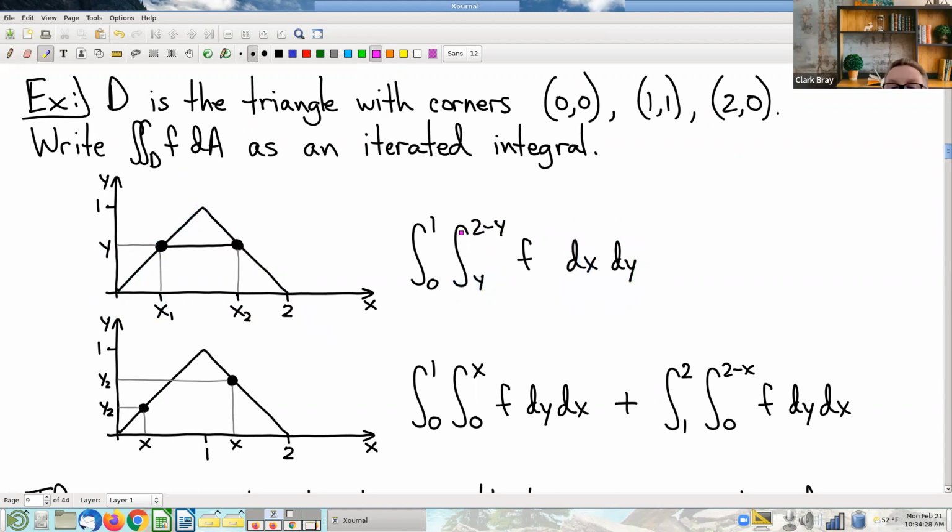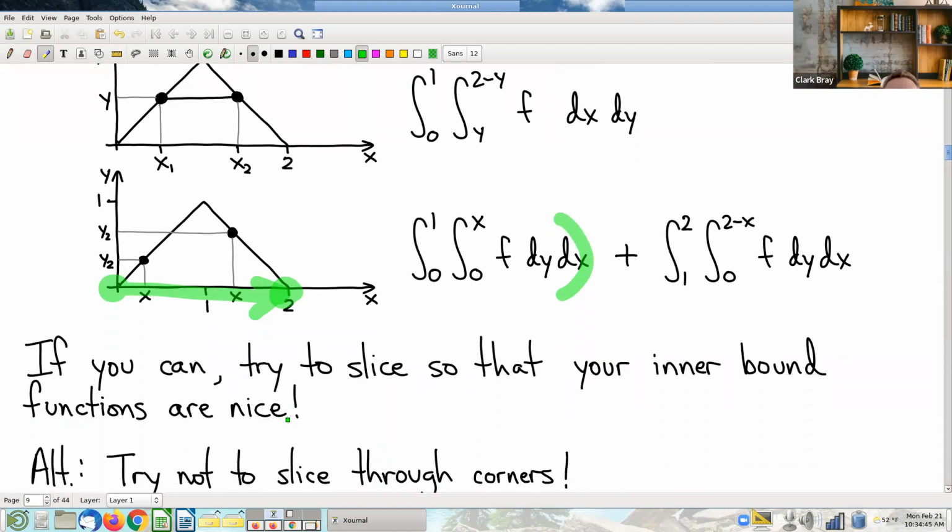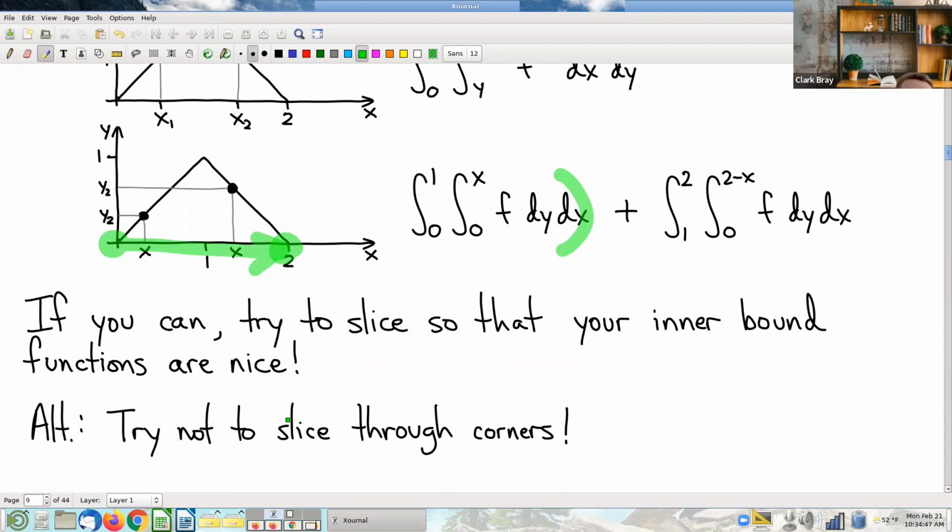Doing our x slicing first. Well, no problem. X starts there and ends there. X goes from 0 to 2, which you'll notice does not show up in what I have written on the right, but at a glance, you would say x goes from 0 to 2.